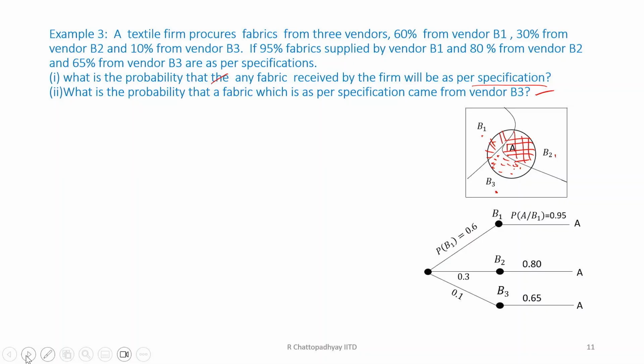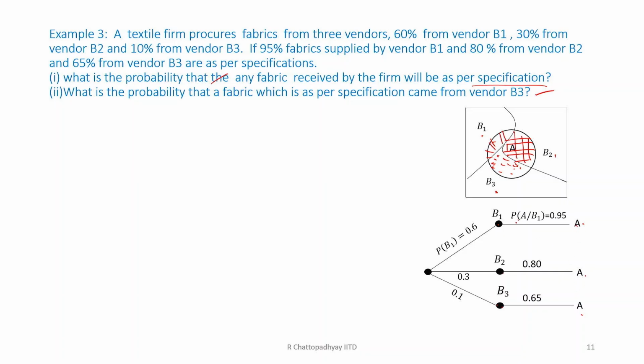This is the corresponding tree diagram. Here, A is not defective, but A is an item received as per specification. They are the good ones now. So these three nodes, B1, B2, B3, are the three branches of the tree, and A's are there.